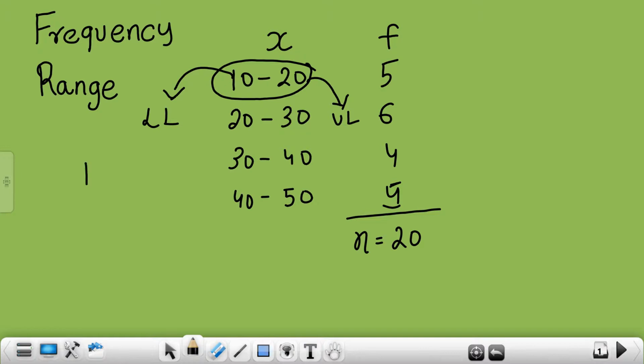Similarly, for every other interval the range is going to remain the same. You can represent the range as d, which is 10.